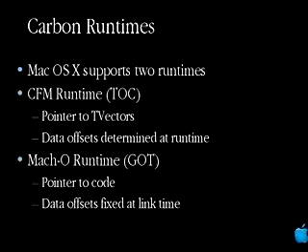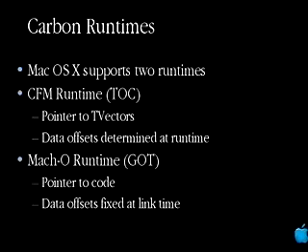Okay, to go with the two code loading mechanisms we have two runtimes. They are very similar at a high level. The real difference is what gets passed around when you're looking at the assembly code, particularly in terms of what a function pointer is. In the CFM runtime, sometimes referred to as the TOC runtime, a function pointer is really a pointer to a little bit of memory.